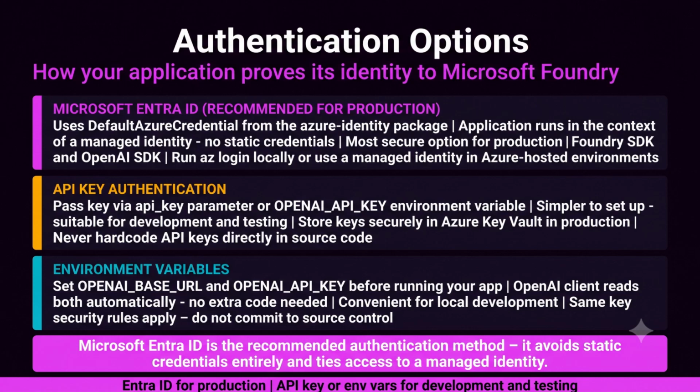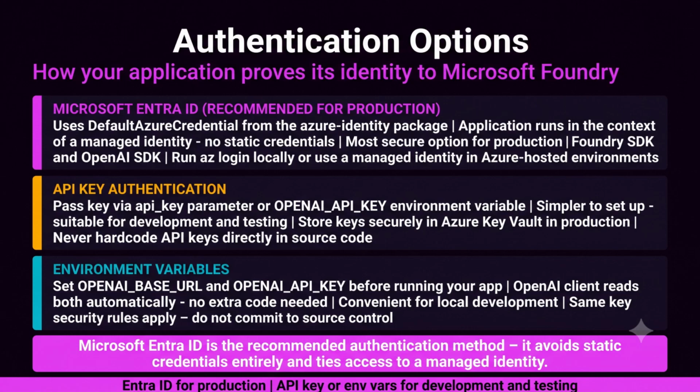Because there is no static credential to rotate, leak, or accidentally commit to a repository, it is significantly more secure. This method works for both the Foundry SDK and the OpenAI SDK. Locally, you authenticate with AZ login. In an Azure hosted environment, you configure a managed identity instead.